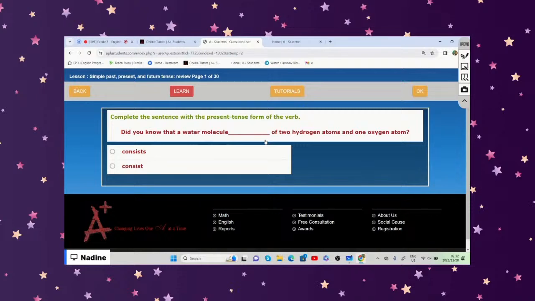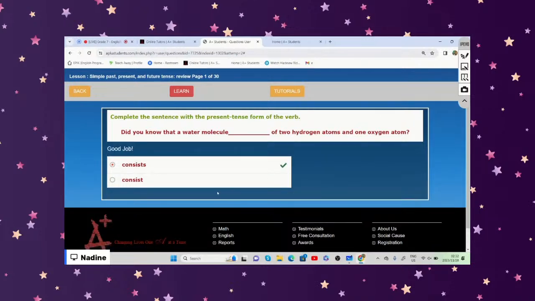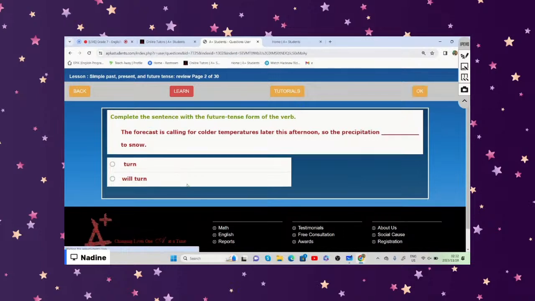All right, so if we select the correct one, let's choose consists, because usually if you refer to a singular, you say one thing, then we add consists. So consists is correct. Well done.